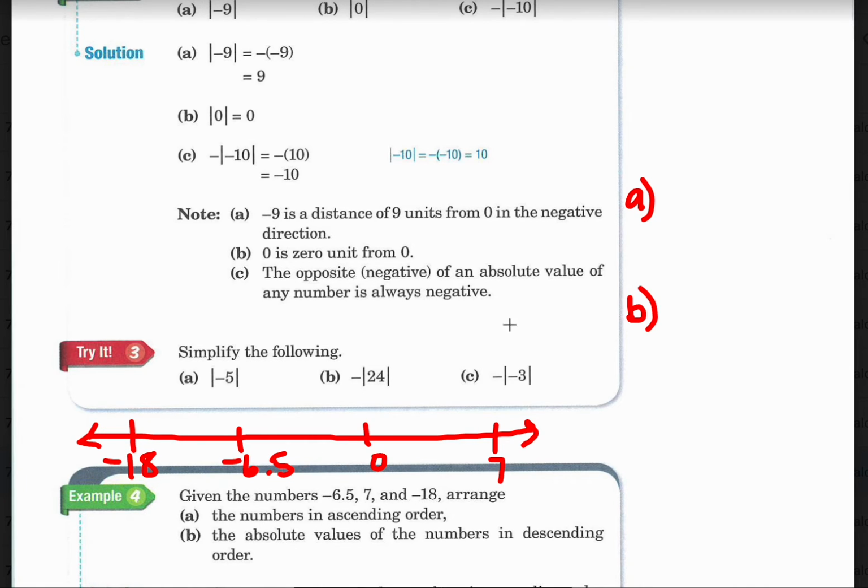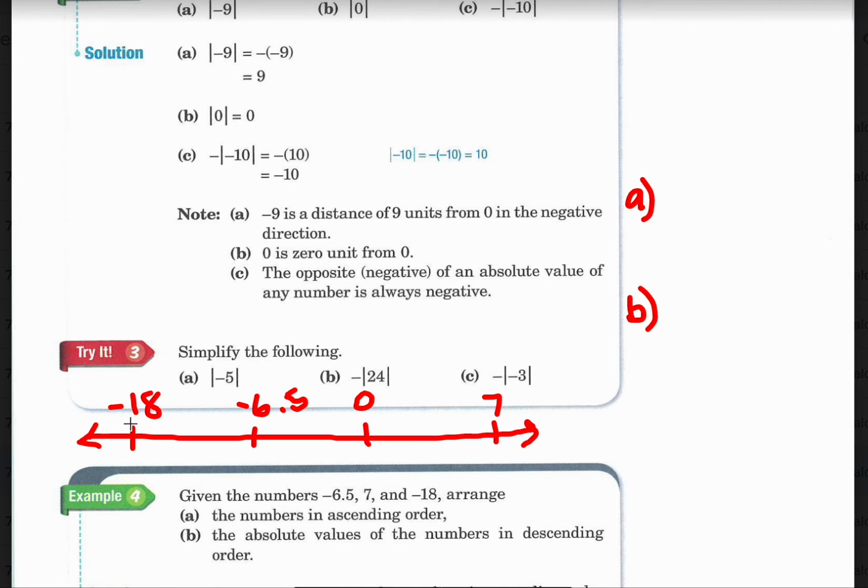Actually, let me draw my numbers above so you can see, because that's in the way there. 0, 7, negative 6.5, and negative 18.